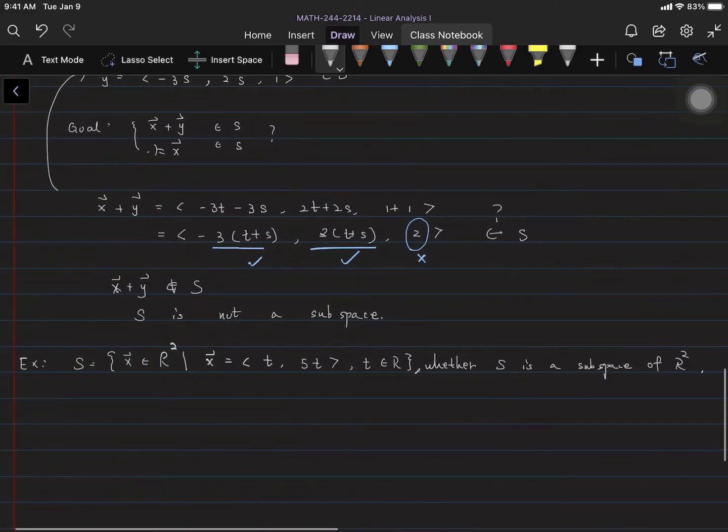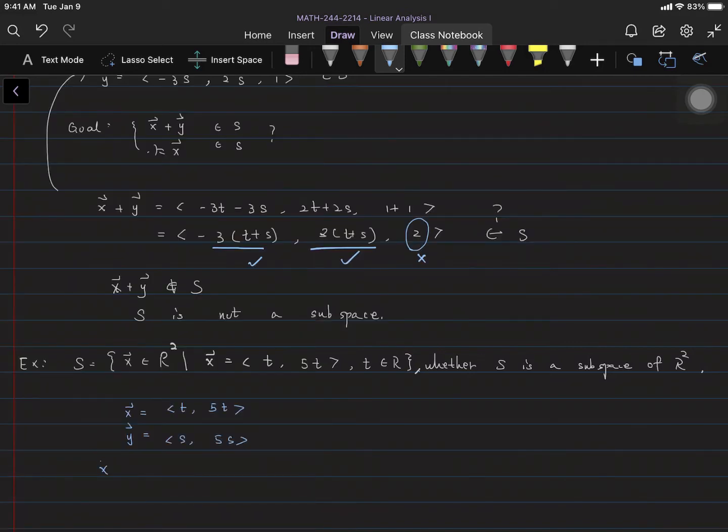Okay, let's take a look. Please try this by yourself, and here I'm going to give you the solution. I pick any two vectors in S. I'm going to make them t, 5t, and the other one s, 5s.